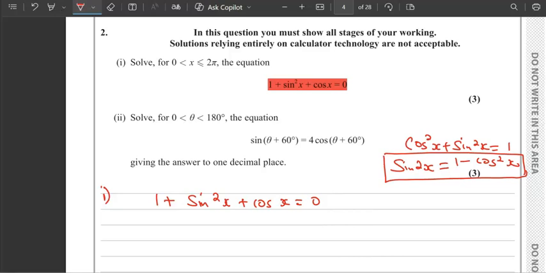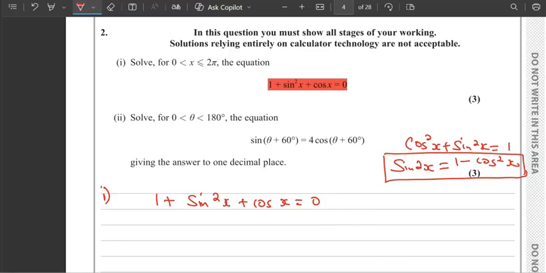Normally, to solve equations relating to trigonometry, especially those dealing with identities, we make sure that we reduce the equation to a single trigonometric ratio.